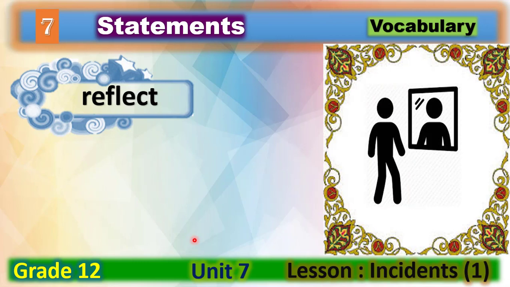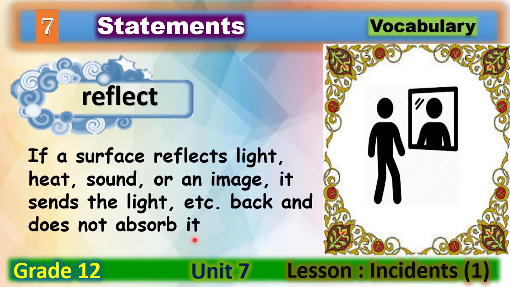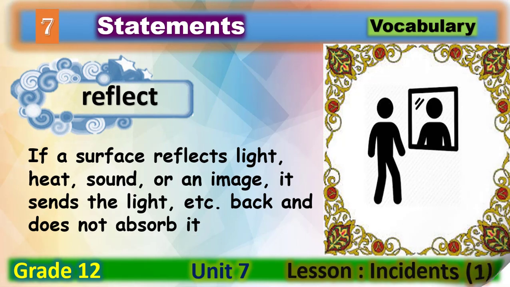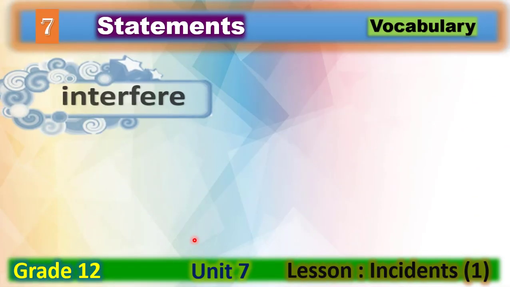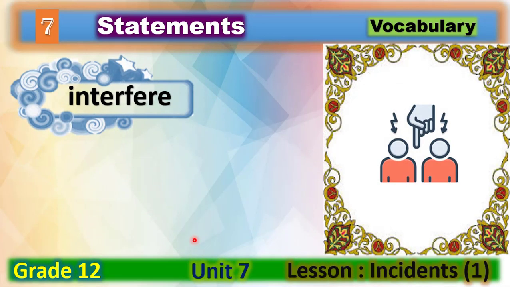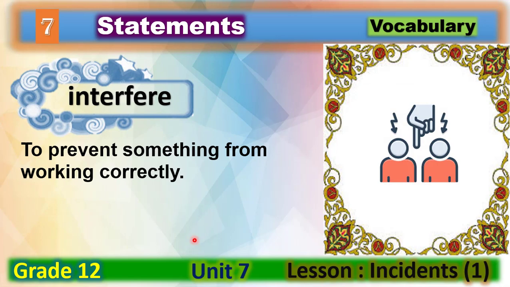When you look at the mirror, you will find the reflection of yourself. To reflect means if a surface reflects light, heat, sound, or an image, it sends the light, etc., back and doesn't absorb it. Okay? Interfere, to prevent something from working correctly.